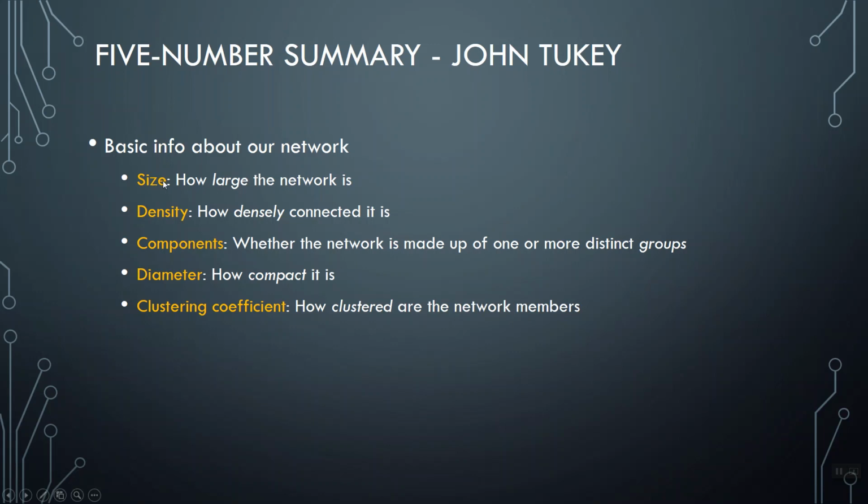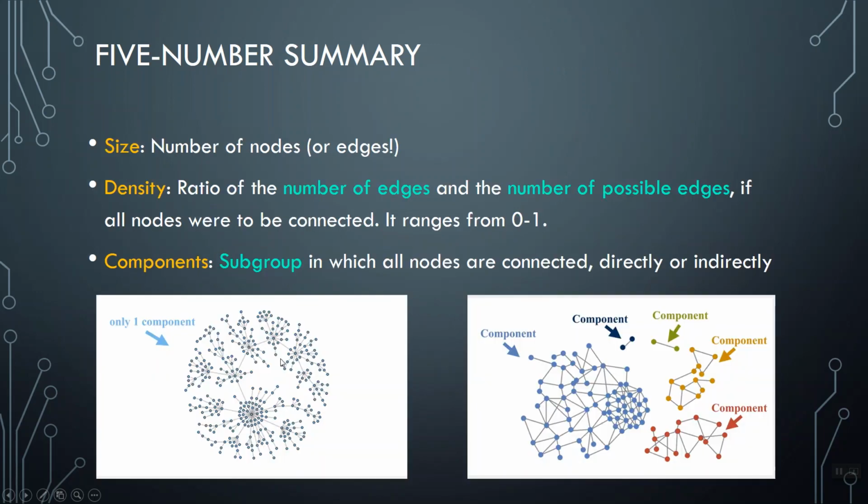So one is the size, which is how large the network is. The other one is density, how densely connected. Components, whether the network is made up of one or more distinct groups. Diameter, how compact it is. And clustering coefficient, whether we have clusters in a network or not. So we're going to go one by one through those.